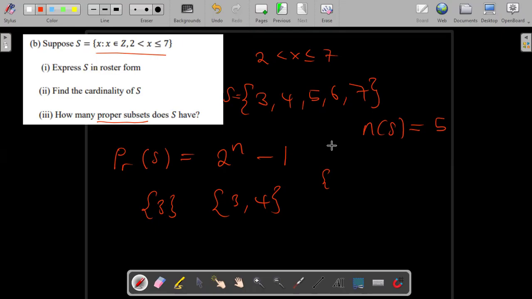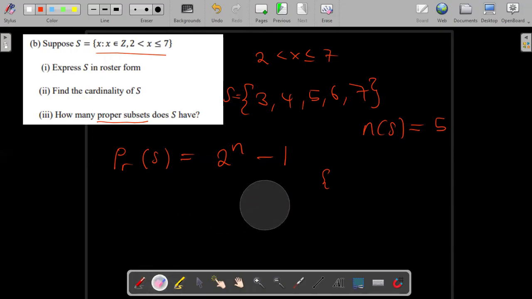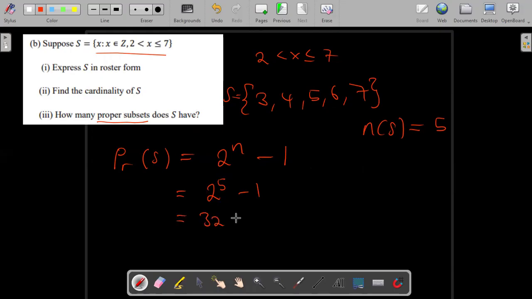That's the reason why I introduced the minus 1 to this formula here, to remove that set, such that this qualifies for me to know how many proper subsets I'm going to have. The total number of subsets I found before is 2 raised to the power 5, where 5 is the cardinality, and then I get 32 minus 1.